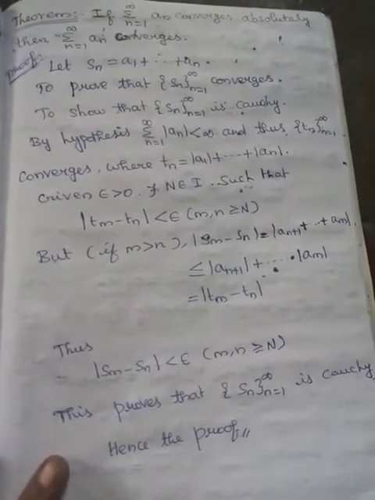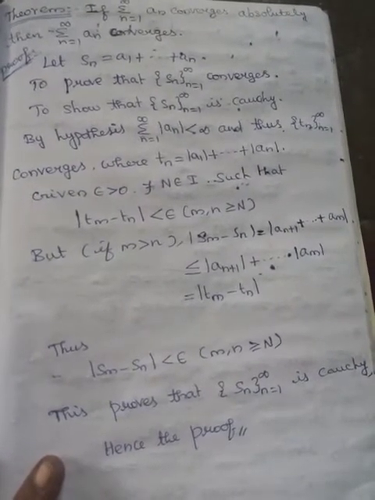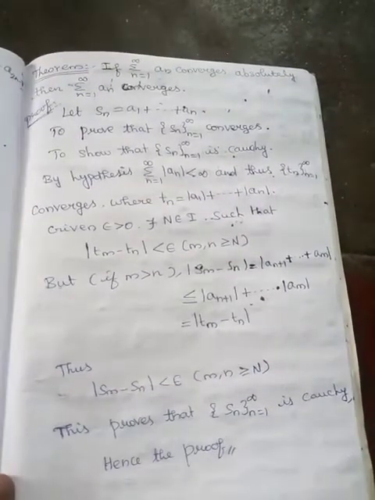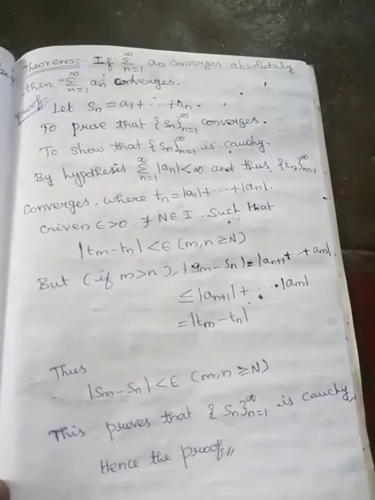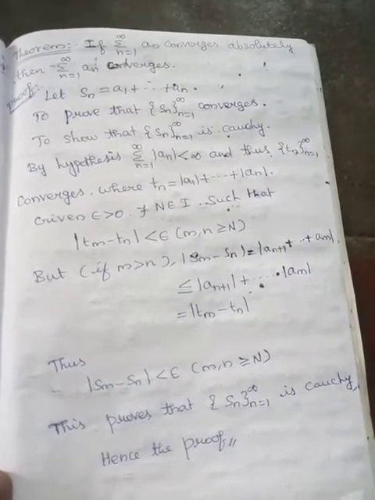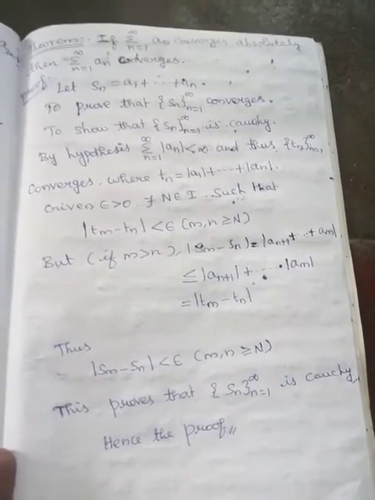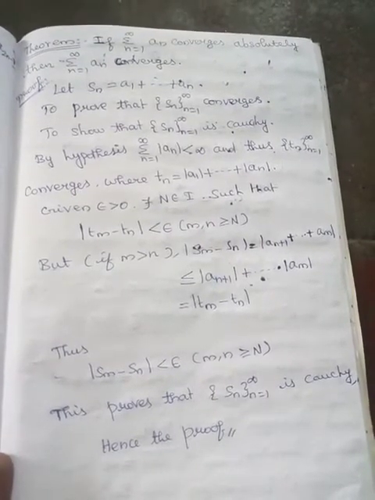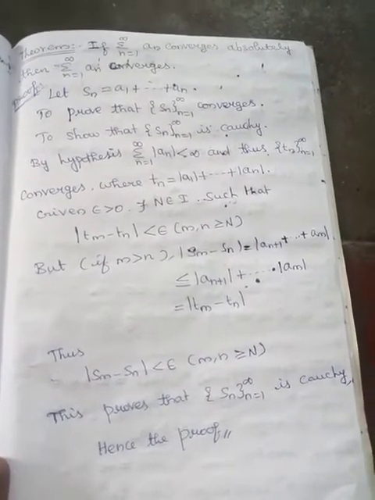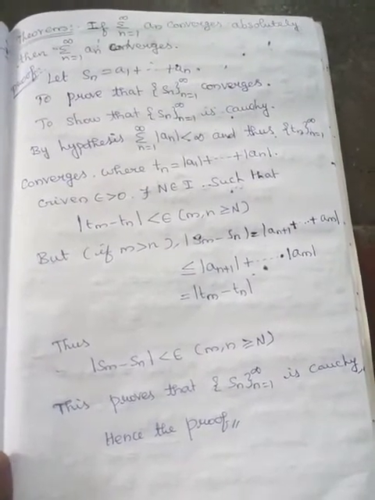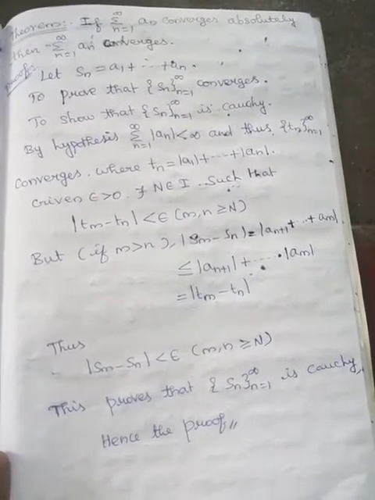By hypothesis the summation of modulus of an is less than infinity, and thus {Tn} converges, where Tn equals modulus of a1 plus modulus of a2 plus etc. plus modulus of an. Given epsilon greater than 0, there exists N belonging to natural numbers such that modulus of Tm minus Tn is less than epsilon for m, n greater than or equal to N.